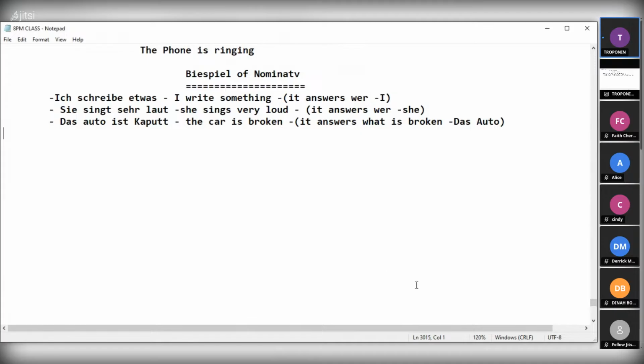In German, earlier we said who plus verb; in German it's now wer plus verb. So, wer schreibt? Who writes? Ich.